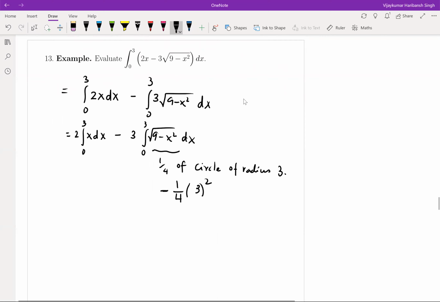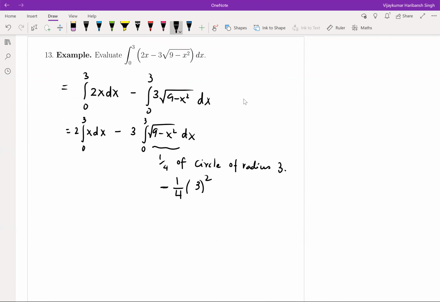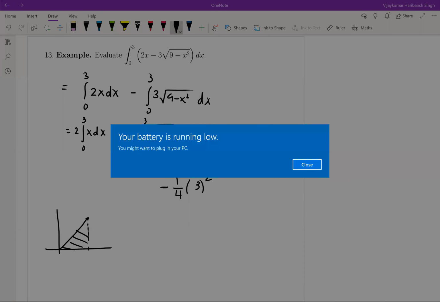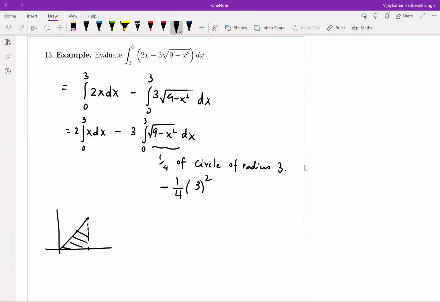And now what about this one, the integral from 0 to 3 of x dx? Either you compute it by using the Riemann sum, or you can also look at it from the area perspective. This is going to be the area of this triangle, where the base is 3 and the height is 3.